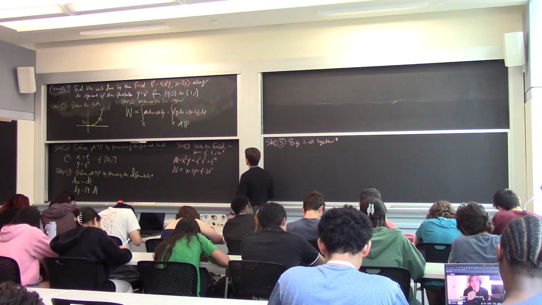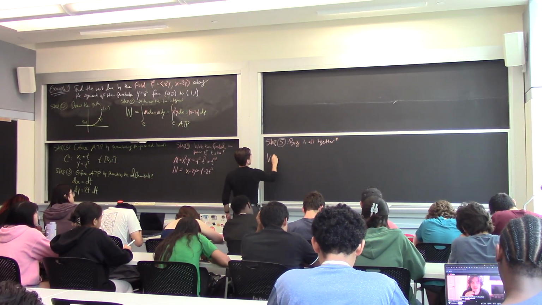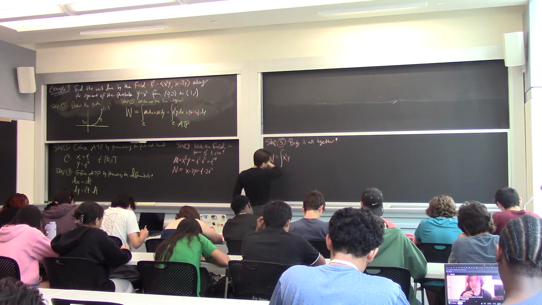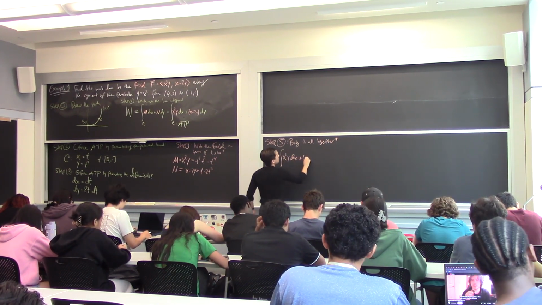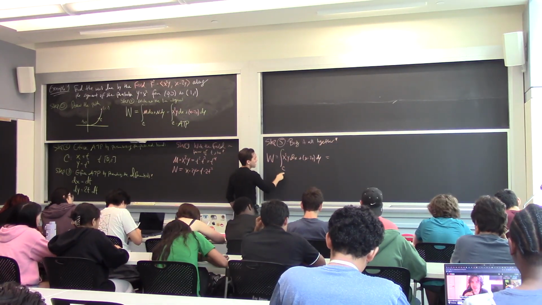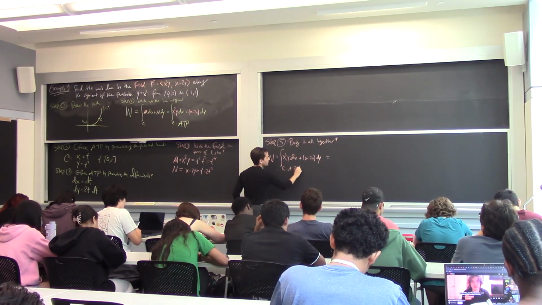Okay, let's actually plug it in. What does our work look like now? Originally, it was the integral of x squared y dx plus x minus 2y dy along the path, very important.